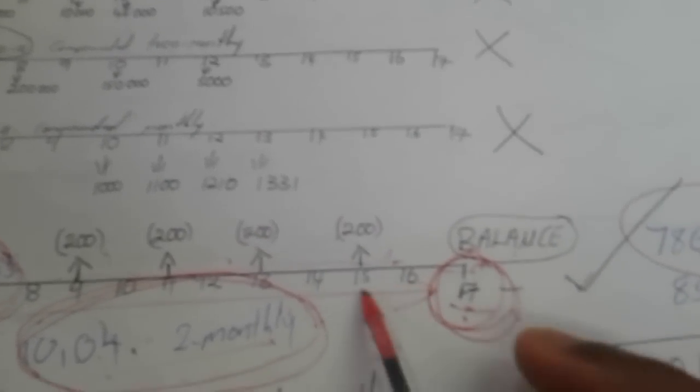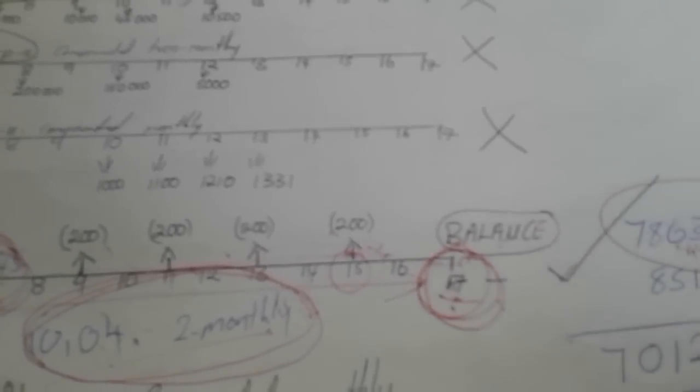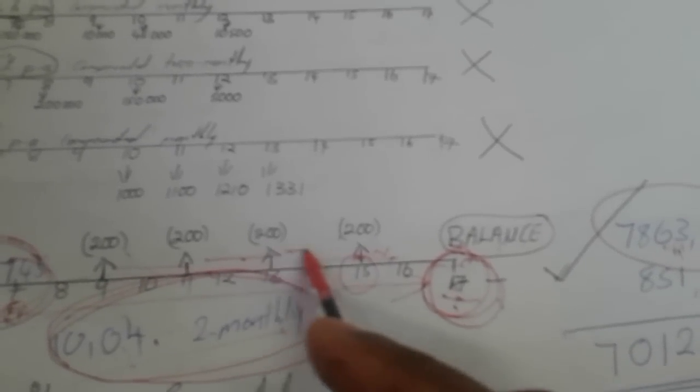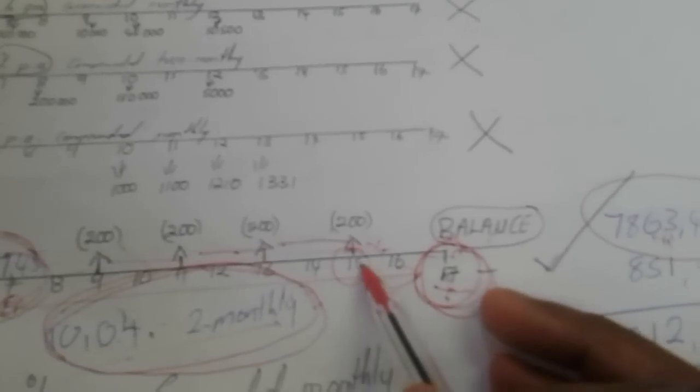One other thing, we want to find the future value of these payments at 17. Now let's see, where is the last payment? Is it 15? Now from 15 to 17 there are only 2 months, and also the intervals between the payments is also 2 months. It means this gap here is equal to 1 interval.